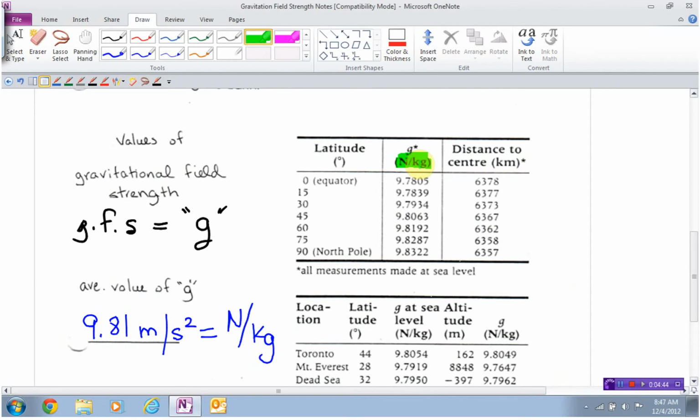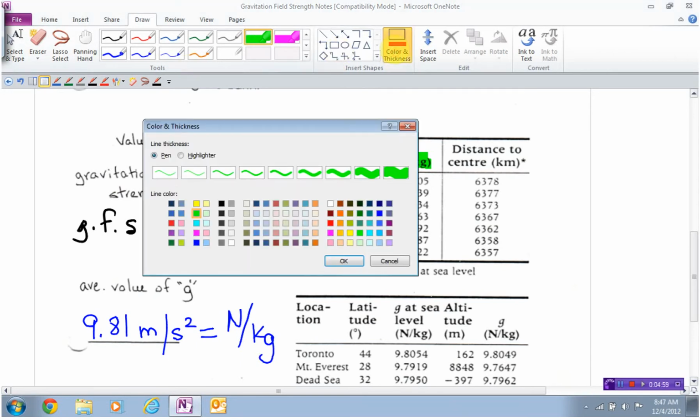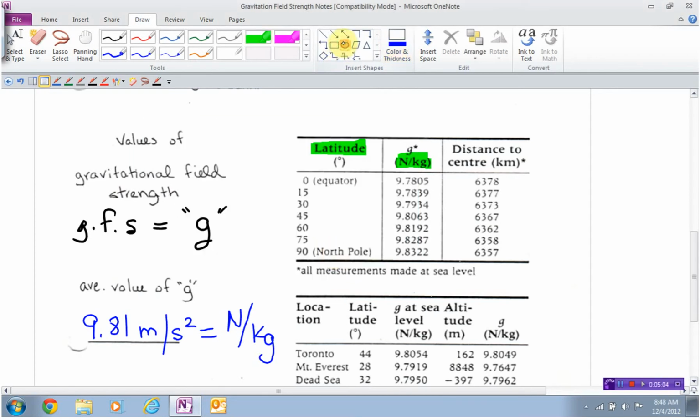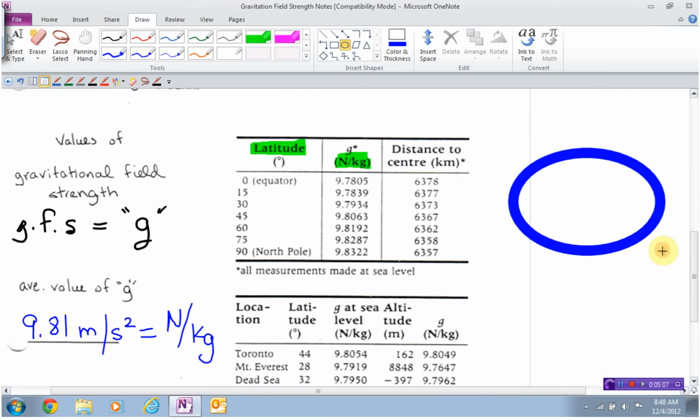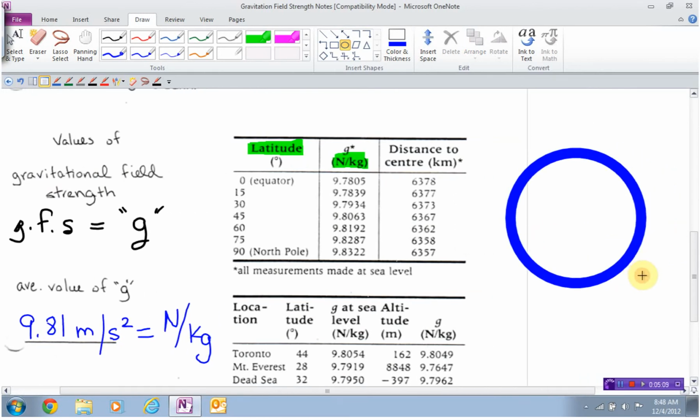All right? Now, how do we come to the number 9.81? Well, in class we measured it, and we came up with the value. I want you to take a look at this here. This is the latitude. Remember, latitude from an Earth position is the distance measured away from the equator. So if this is the Earth, imagine me drawing an Earth here, a bit of a circle.